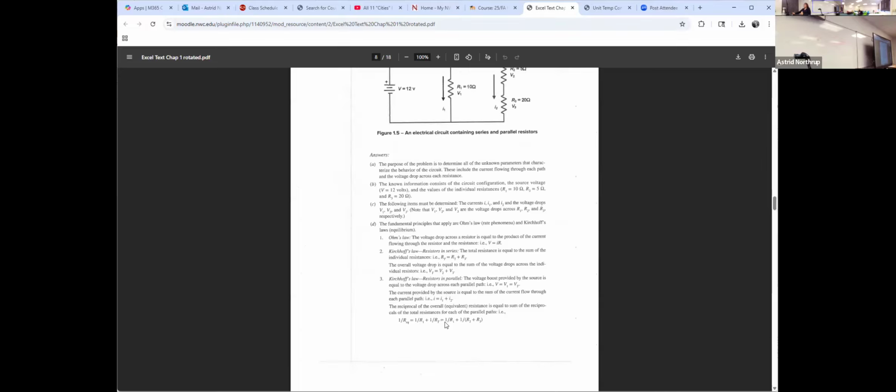And then we talk about resistors in parallel or resistors in series. We don't really need to know very much about that right now. But basically, the equations to solve these electrical problems are given to you in this particular chapter.